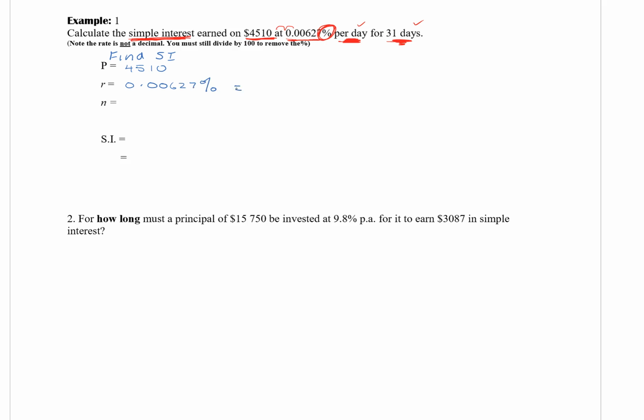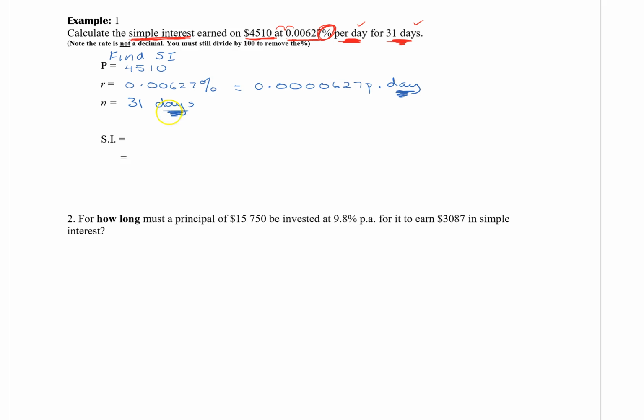But then please adjust it so it'll become 0.0000627 per day. You must put all the detail on the value. N is 31, and please write days.